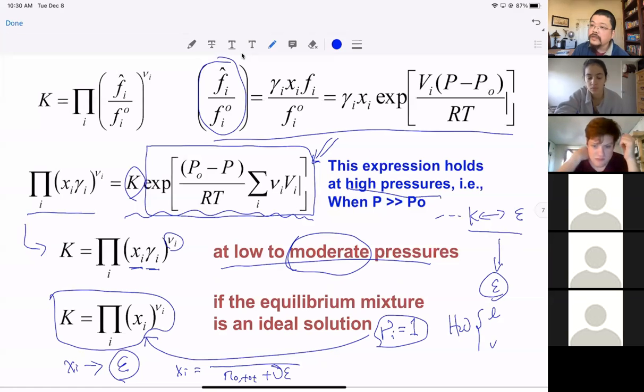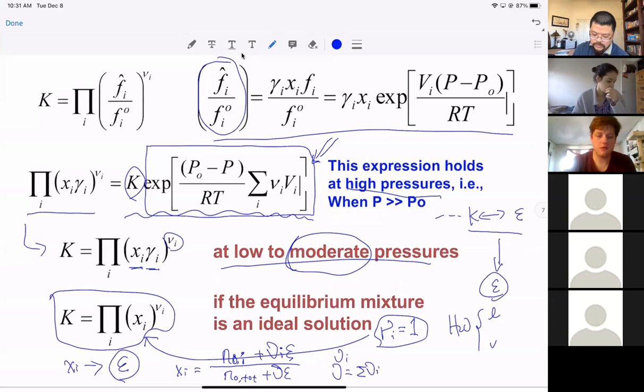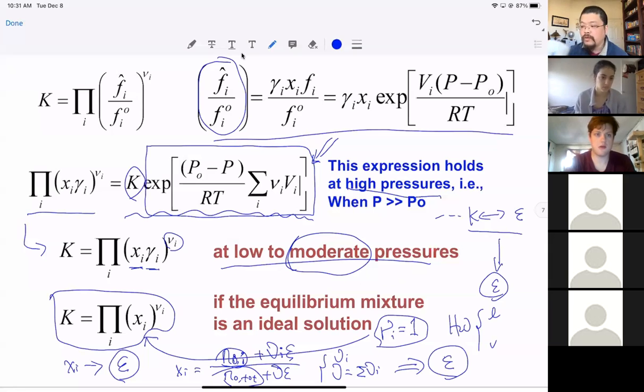Reaction coordinate epsilon, right? Over the initial n_i plus nu_i epsilon. Okay. So those nu values would be available to us if I know the reaction. And then those would be the initial setup of the reacting system. So eventually you're going to see that this is only involving epsilon as the unknown quantity in the equation.